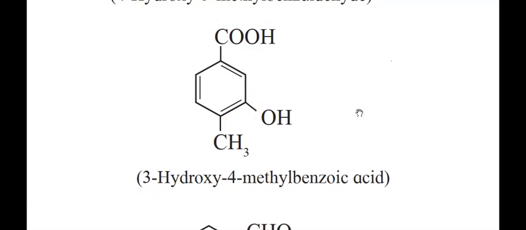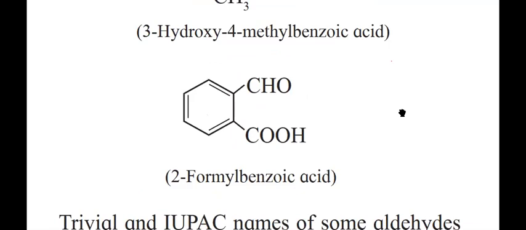Then next one, CHO and COOH. The common name is salicylic acid, but the IUPAC name is 2-formyl benzoic acid. Why 2-formyl? Which will be the priority group? Of course, COOH is the priority group, so it will be the parent.